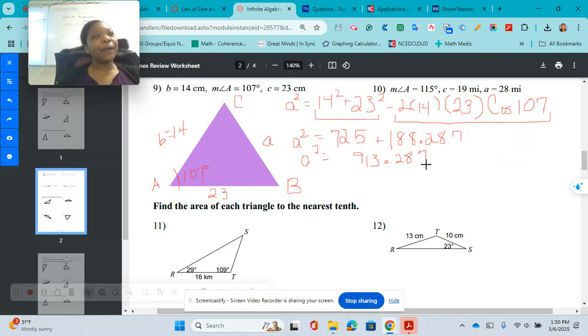We need to get the A by itself. What's the last step? Square root. And we take that square root, and we would get 30.2 as the length.